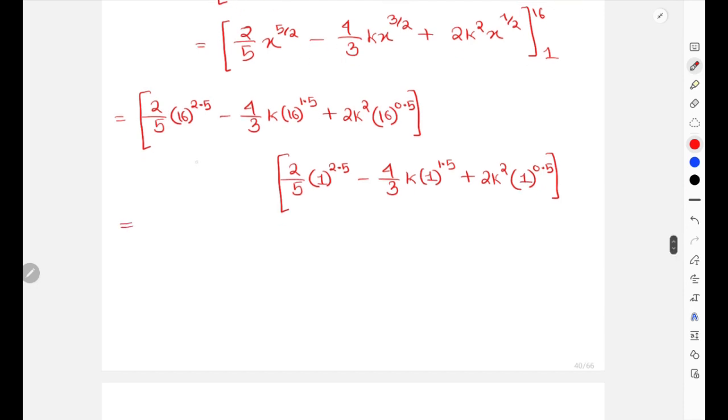After this again, if you calculate the first part, your first expression is supposed to be, wait 1 minute. Right, that 2 by 5 multiplied with 16 to the power of 2.5, that is 2048 divided by 5.